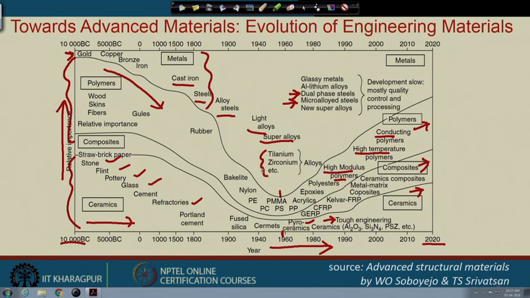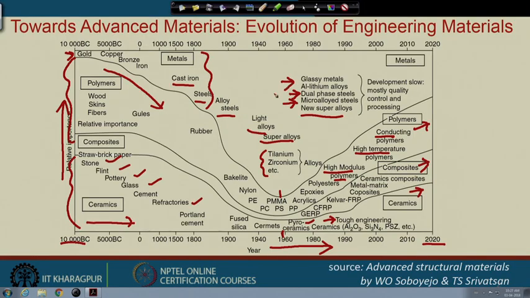Super alloys, even though they started to develop in the 1940s, now have very new super alloys, where new means super alloys which can survive at much higher elevated temperatures, from let us say 800 to 1,400 degrees centigrade. At the same time, even though glasses were very popular in ceramics, like oxide glasses or polymer glasses, metallic glasses have come to the market and researchers also try to develop them.